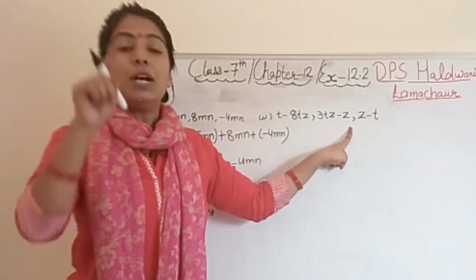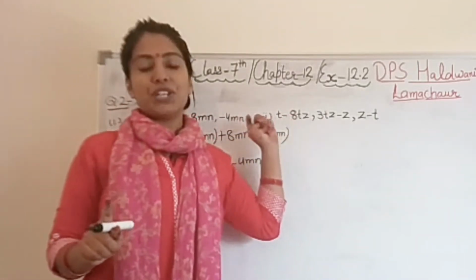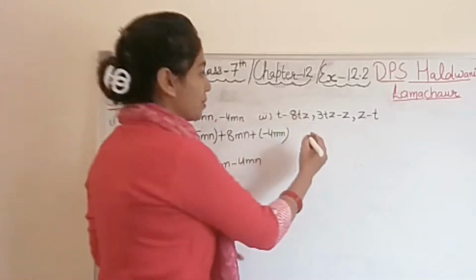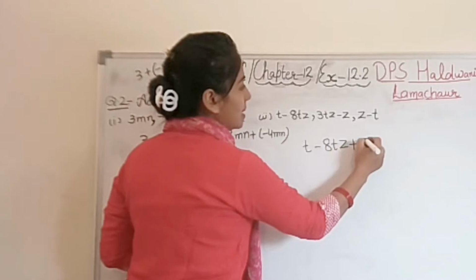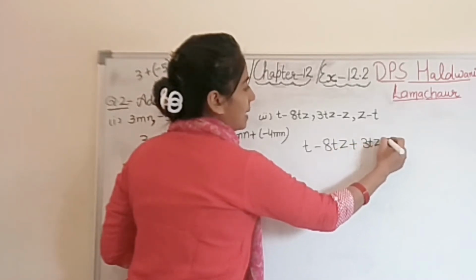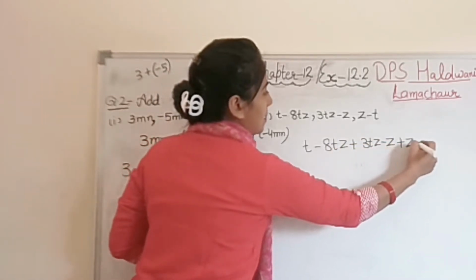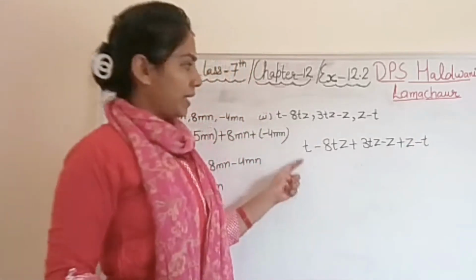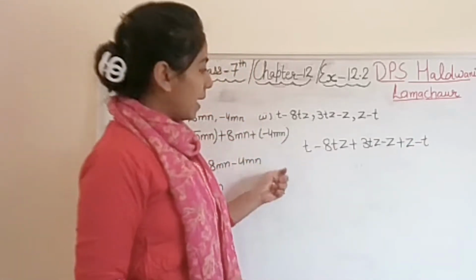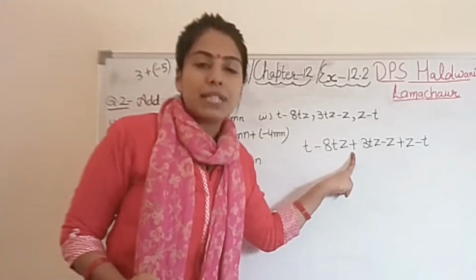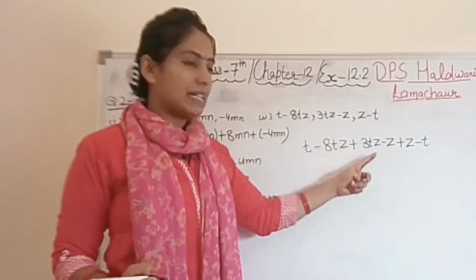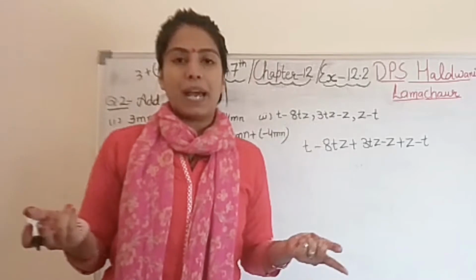Again, first of all, we put the addition sign because the question is to add the terms. So t minus 8tz plus 3tz minus z plus z minus t. We have opened, right? Now, in the place of commas, we have kept plus. And outside plus is there, so the sign will not change. So I didn't put it into the bracket.